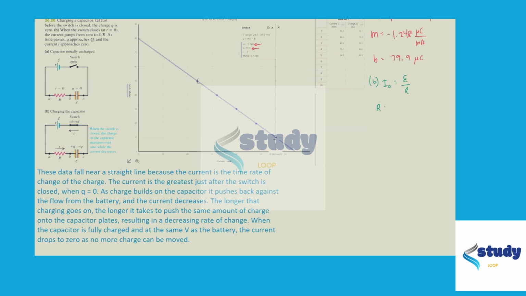So our resistance will be equal to the EMF divided by I naught. We're going to have to find the EMF first, and then we are also going to need I naught, which is the current right at the start when charge is 0, which is going to be that x-intercept.